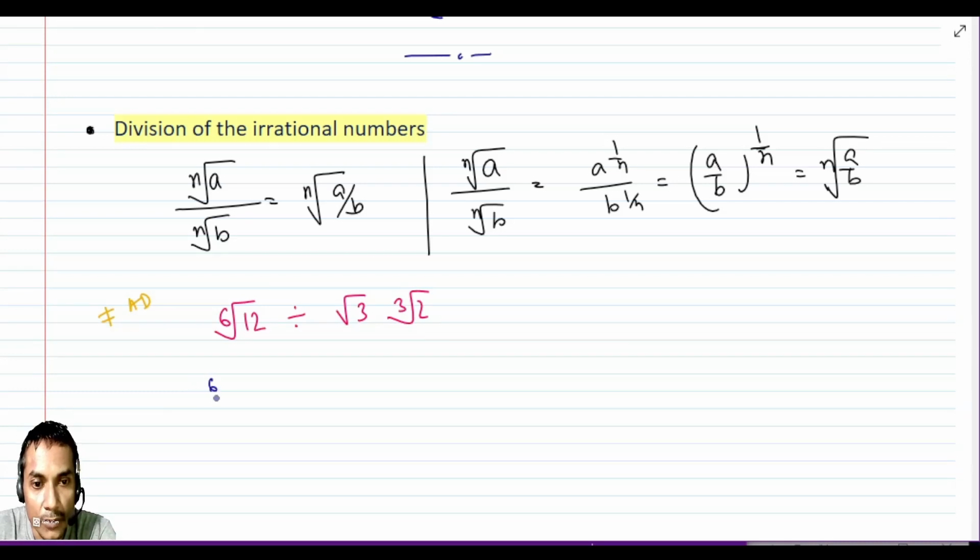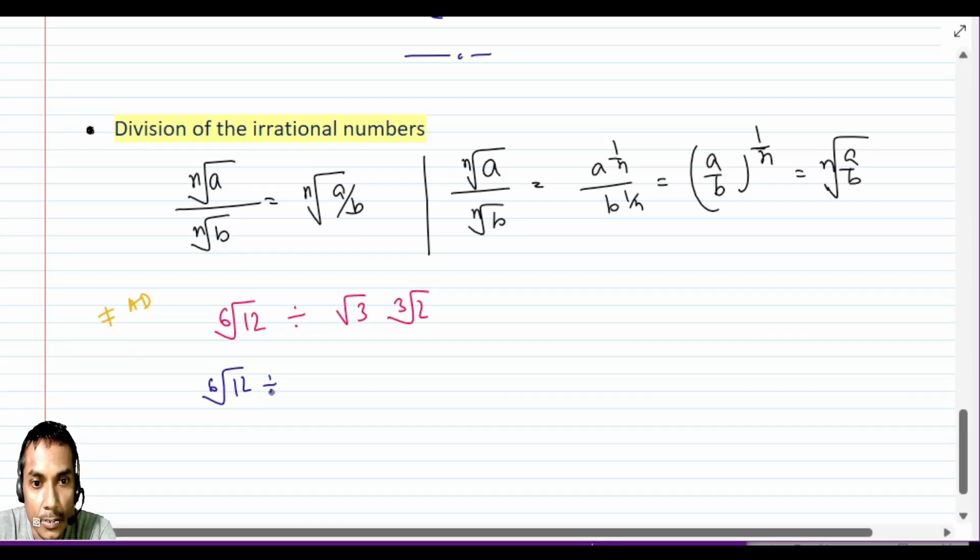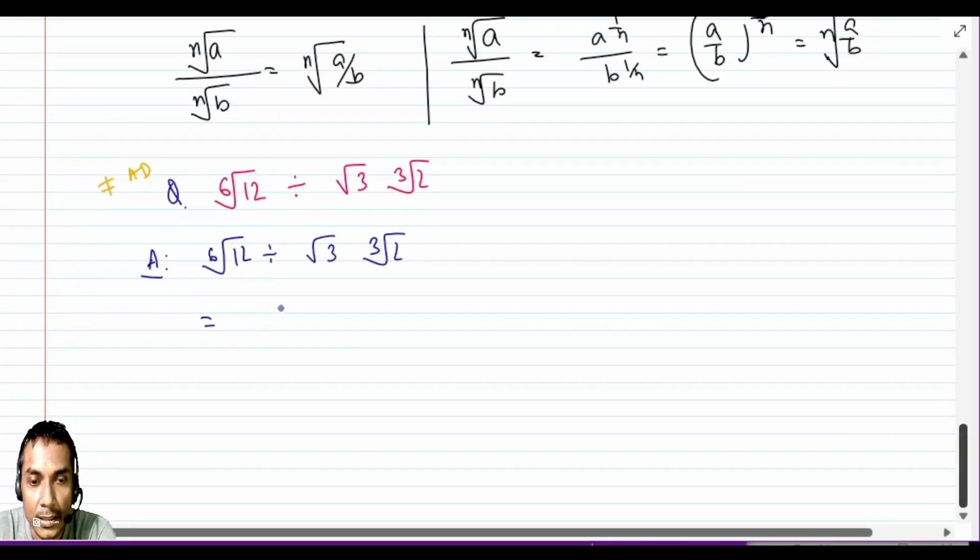You just first write the question. So this is the question and this is the answer, and here it is 3 root 2. Clear? Then what you have to do, you just write the numerator and denominator side, that is root 3 into 3 root 2.